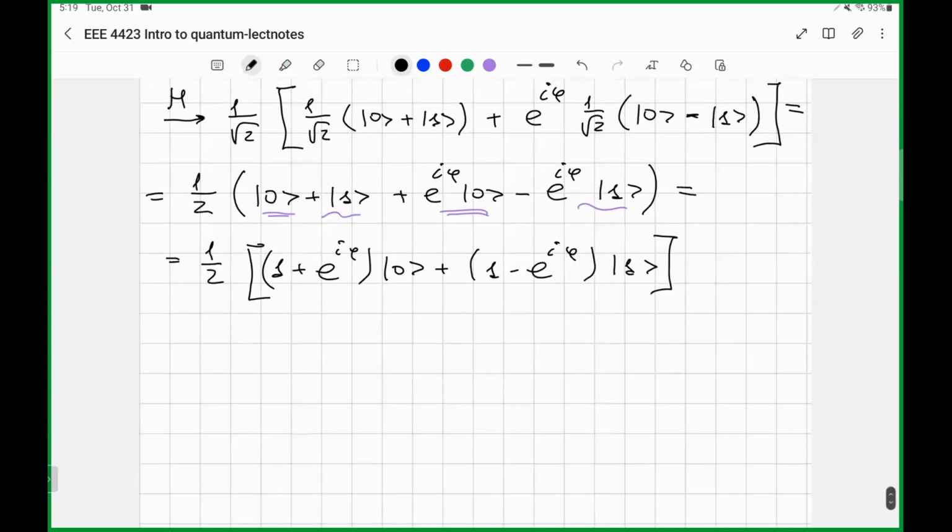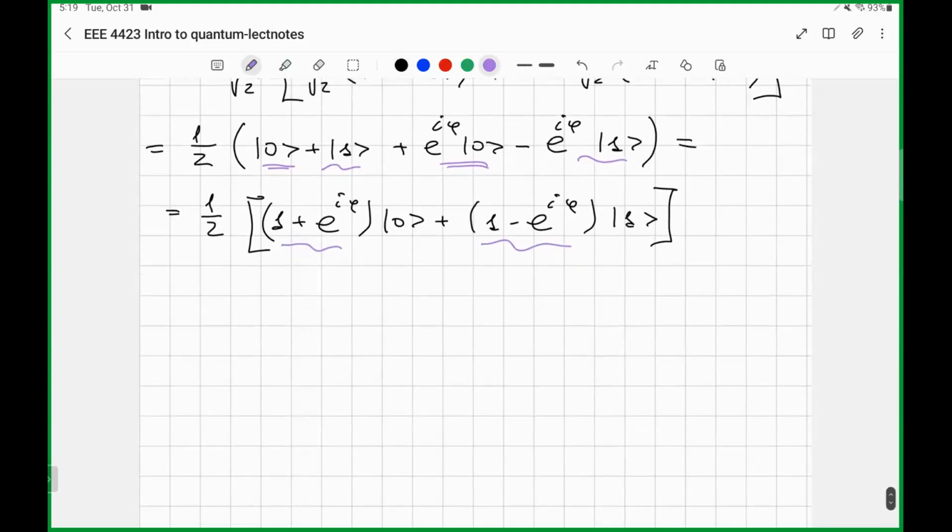So what are these coefficients, these terms? Let's consider 1 plus e to the power of i phi. I use Euler's formula to represent the exponential function. It gives me 1 plus cosine phi plus i sine phi. Now I use the cosine and sine of double angle.